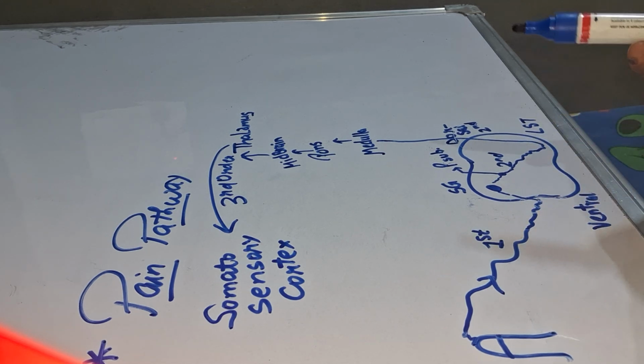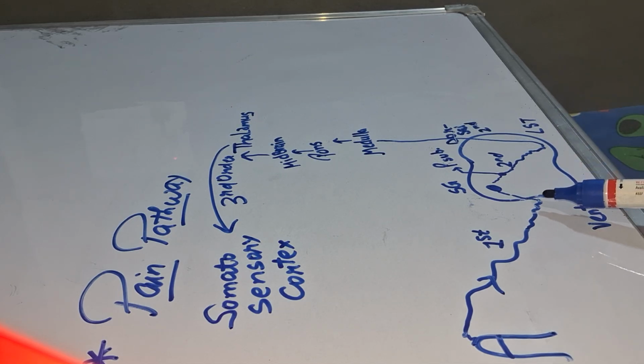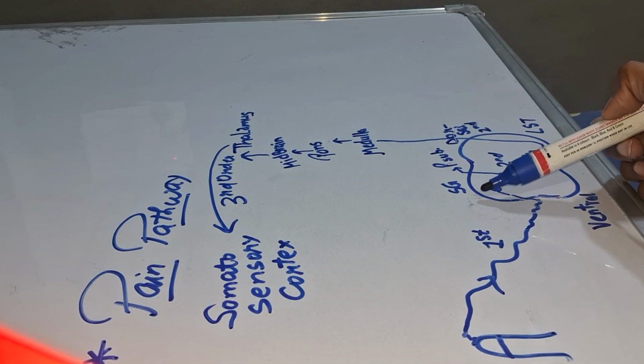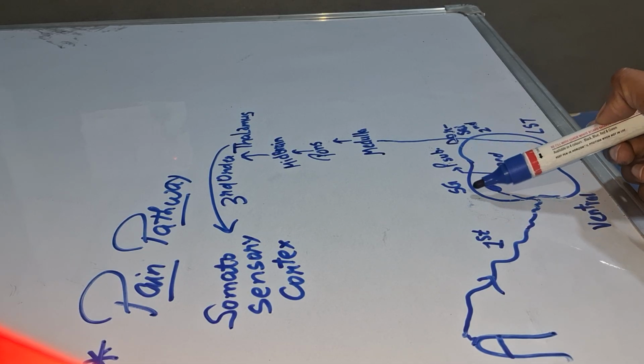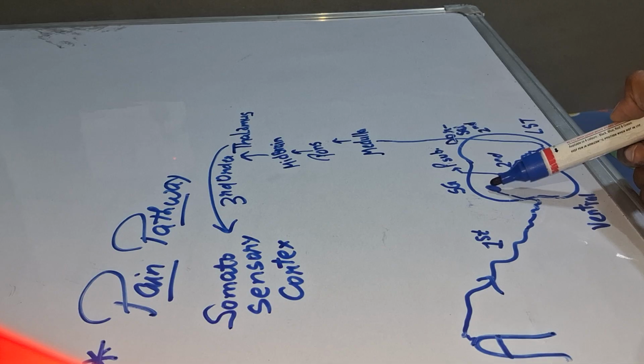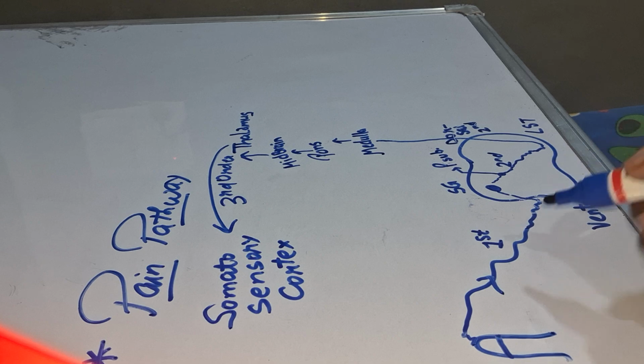This is the TS section of the spinal cord. In the spinal cord, this is the dorsal side. Here is the SG, substantia gelatinosa. Signals travel to it, and then it will release the P substance, which is a neurotransmitter.